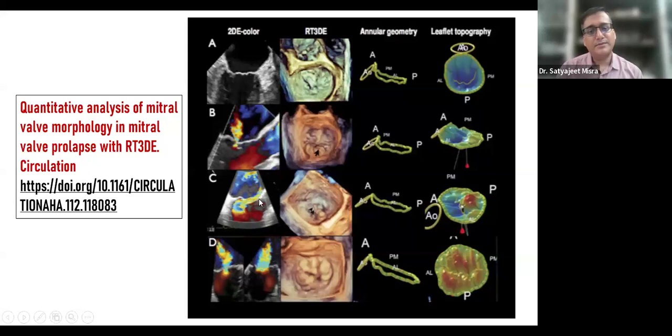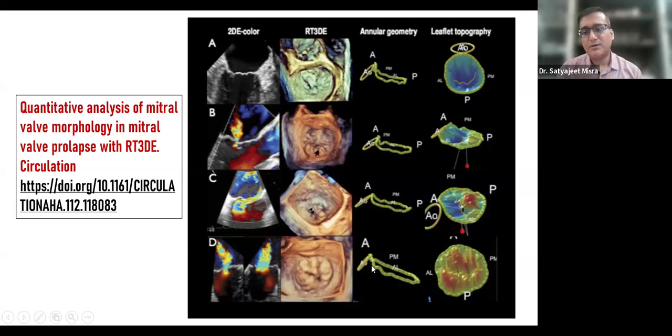As the regurgitation becomes worse, and there is now an isolated prolapse of the P2 segment, you can see that the mitral valve is becoming more and more flat. And this red portion on the leaflet geometry shows that the billowing volume has become more. And when there is myxomatous mitral valve disease, multiple parts of the mitral valve are prolapsing.